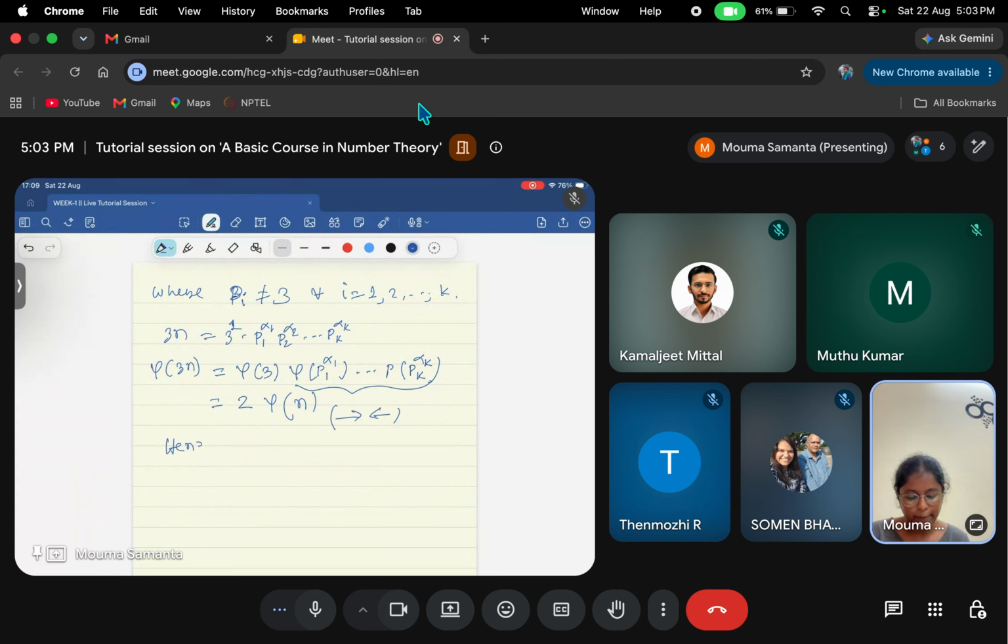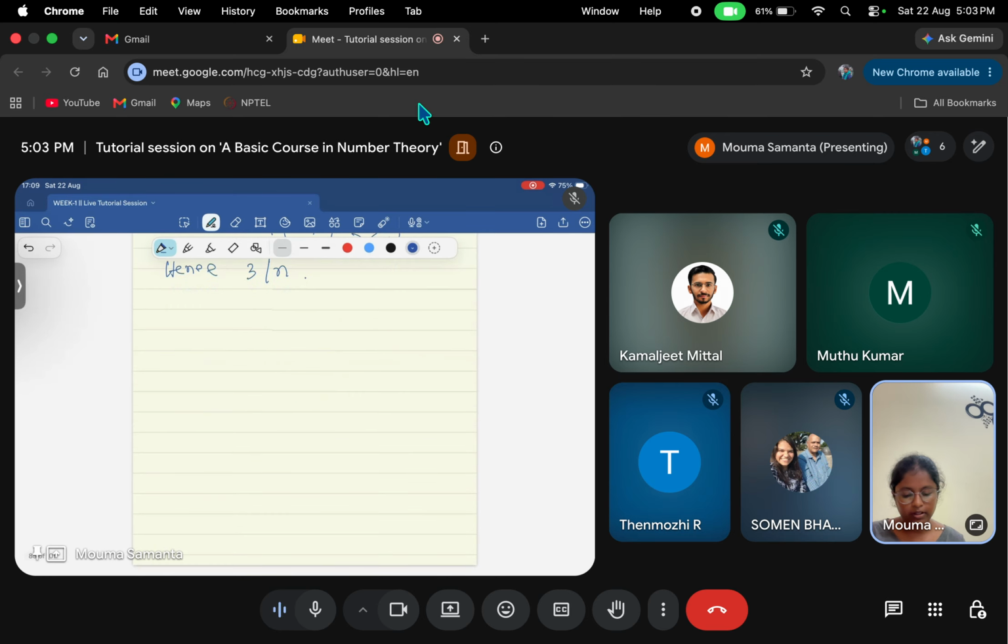Hence 3 divides n. So can you have some conclusion from, I mean, if I ask what will be the if and only if condition?